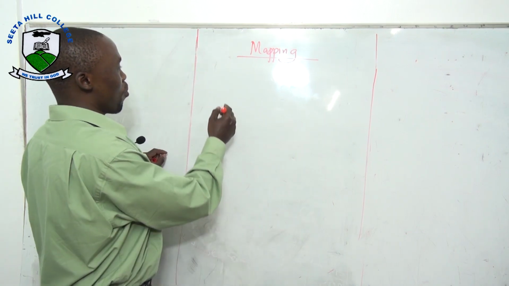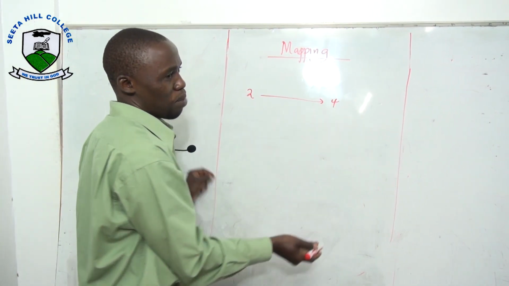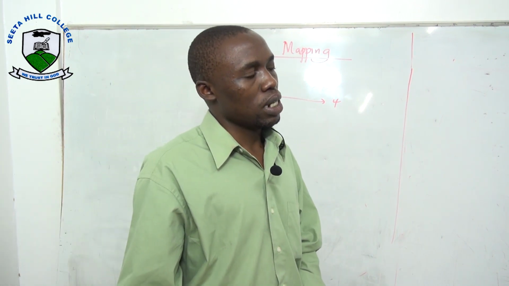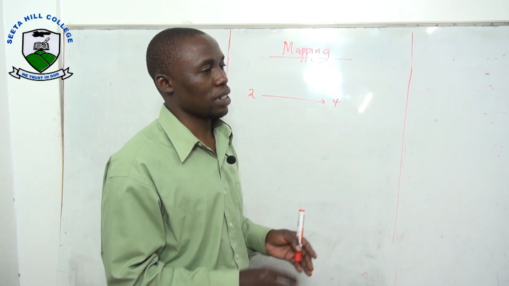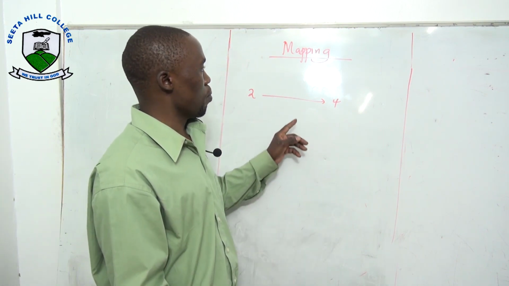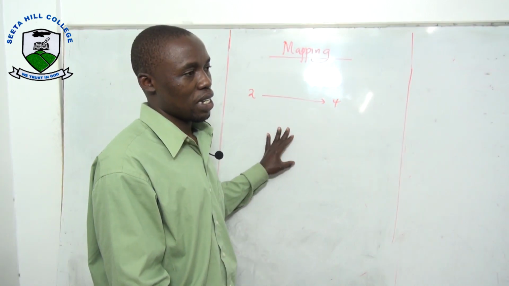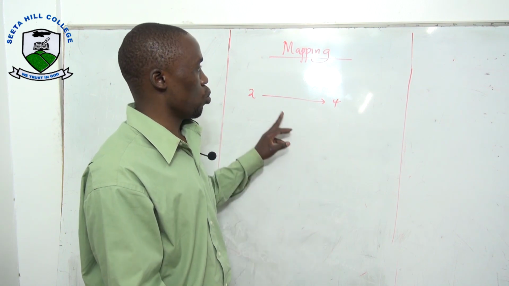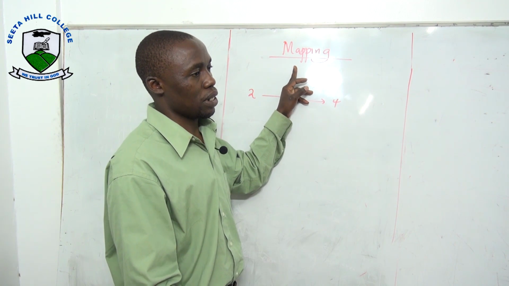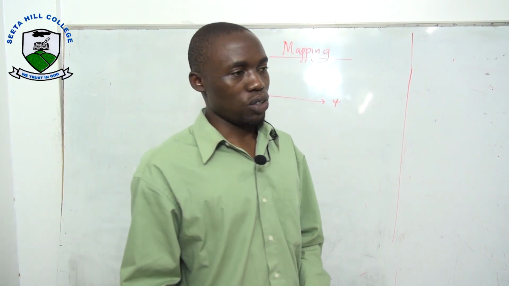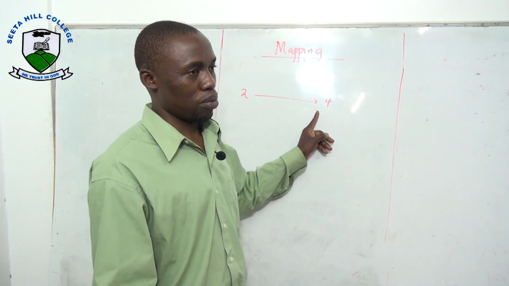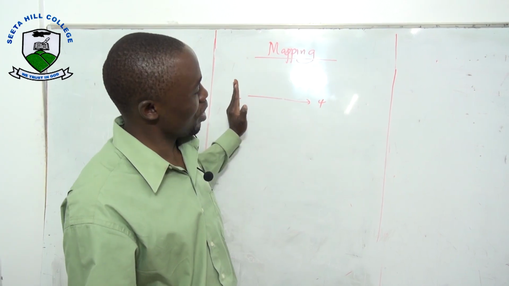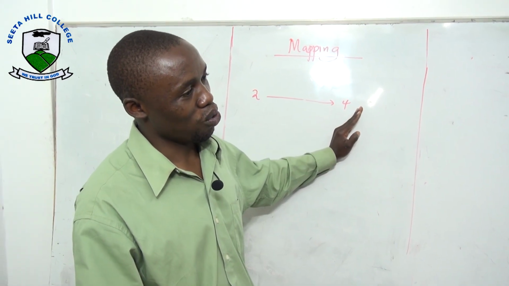Now look here. 2 can be made 4 by which operation? We are simply maintaining the fact that even though you are talking about a mapping, we are still talking about a relationship. 2 is connected to 4 by some rule, not so?